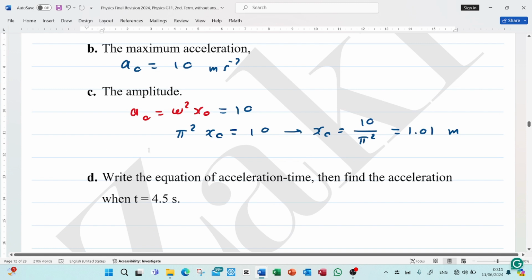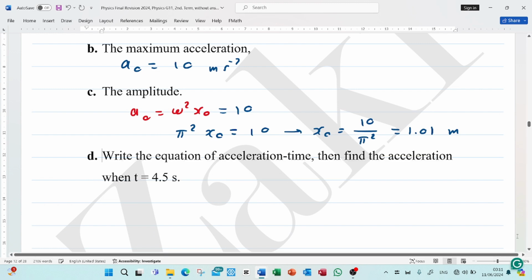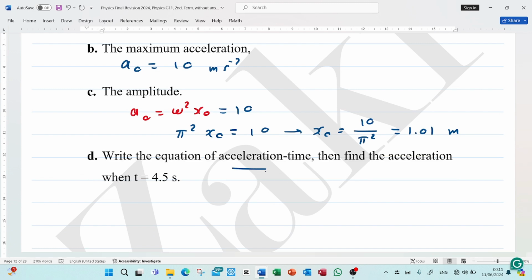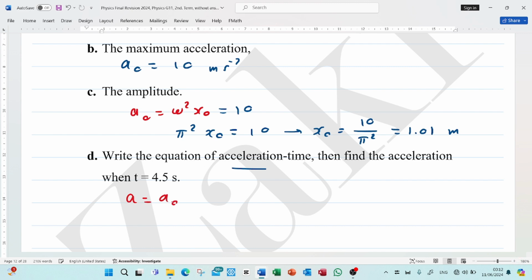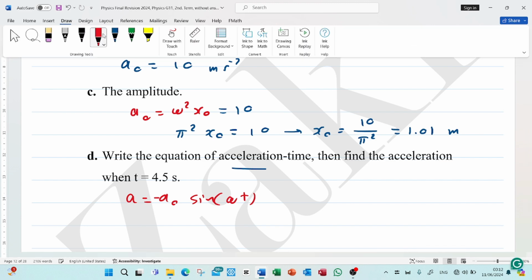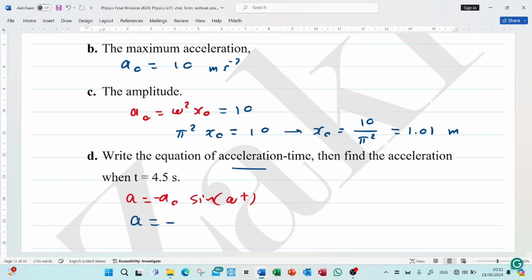Next question. Write an equation of the acceleration time graph. What is the equation of acceleration? A equals negative A naught sine omega t. This is not the answer. We have to substitute. Then the required equation: A equals negative A naught, which is already given from the graph, sine omega, which we calculated as pi, multiplied by t.